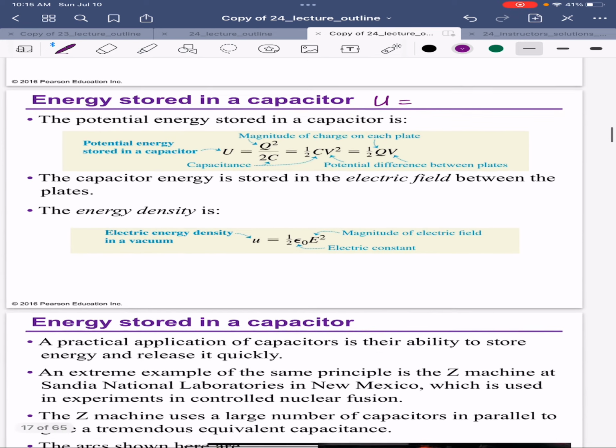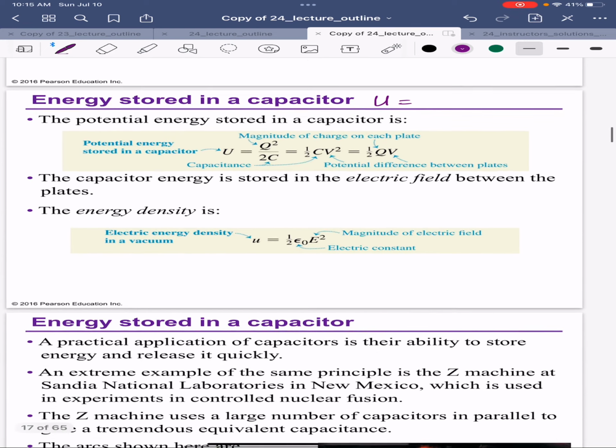Energy stored in a capacitor. A practical application of capacitors is their ability to store energy and release it quickly. An extreme example of the same principle is the Z machine at Sandia National Laboratories in New Mexico, which is used in experiments in controlled nuclear fusion.